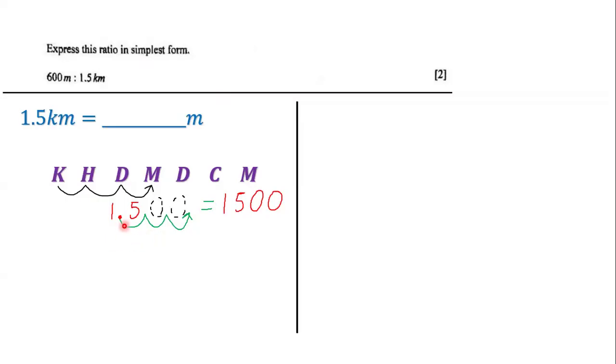And so we have 1.5 and we're gonna multiply. We're moving to the right, that's why we multiply, but multiply by what? 10, 100, or 1,000? 1,000.